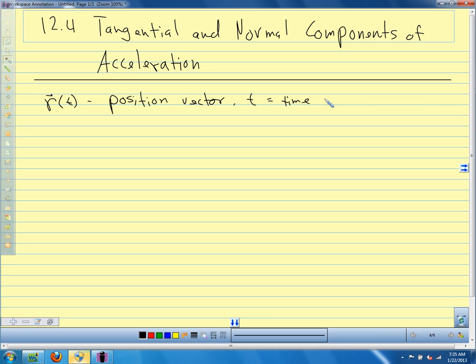What we want to do today is break down acceleration into a component that's tangent to the curve and a component that is normal to the curve. And we talked about it briefly on Friday. If we're thinking of r of t as a position vector, what would the tangential component of acceleration do to our motion?